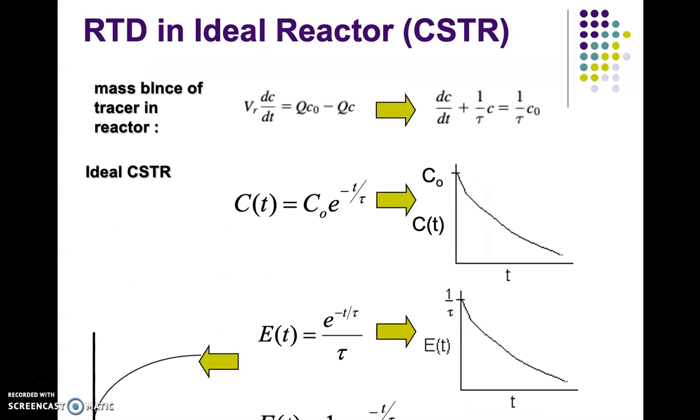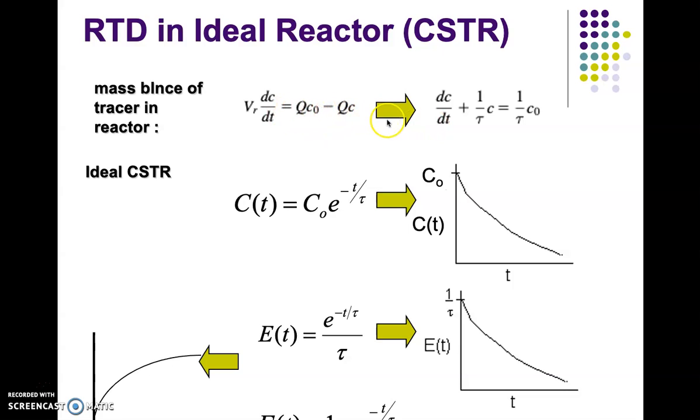The next one is for RTD in an ideal perfectly mixed reactor. When dealing with a perfectly mixed reactor, let's say we are taking a mass balance of the tracer in the reactor. You inject a tracer in the reactor, so this is in minus out equals accumulation, V_R dC over dt.